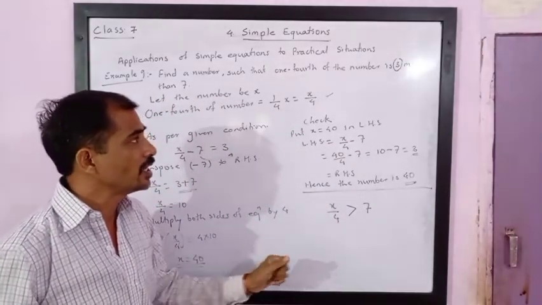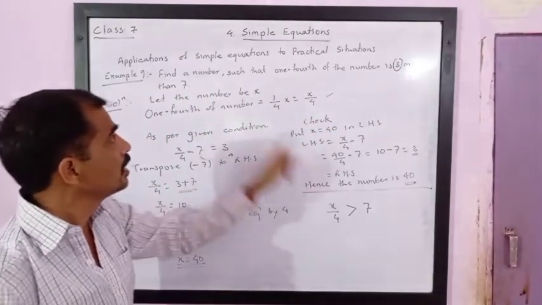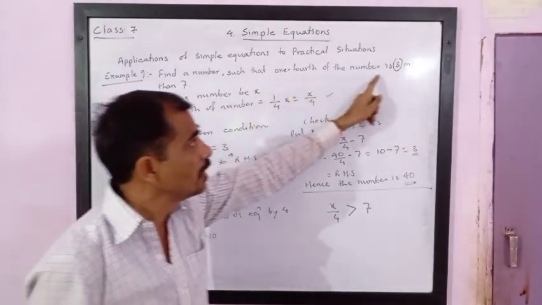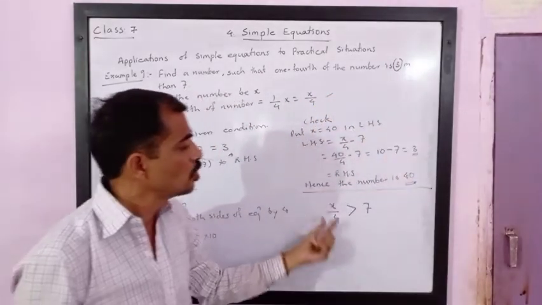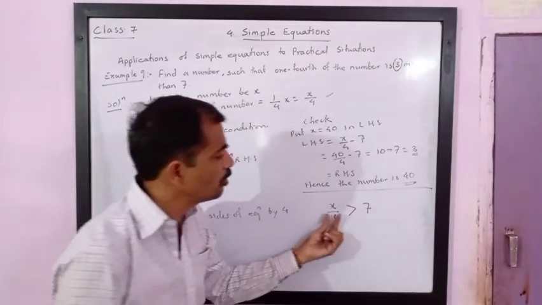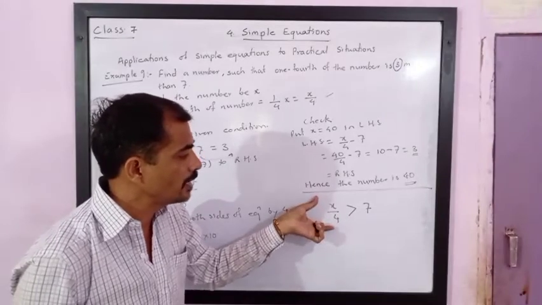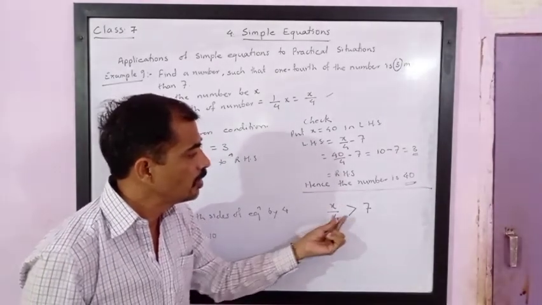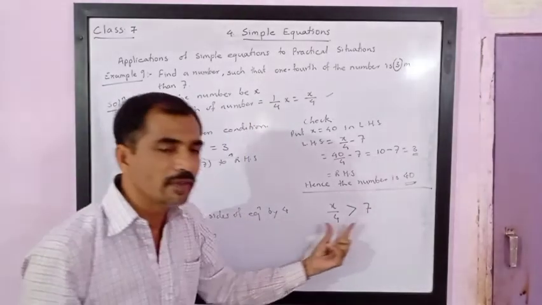Now please try to understand. It is more by 3. Again read: 1/4 of a number is 3 more than 7. 3 more than means it is more by 3. So x upon 4: if you add 3 to the smaller side or if you subtract 3 from the larger side, both sides will become equal. We have got x upon 4 is greater than 7. If you add 3 to the smaller side, it will become equal.